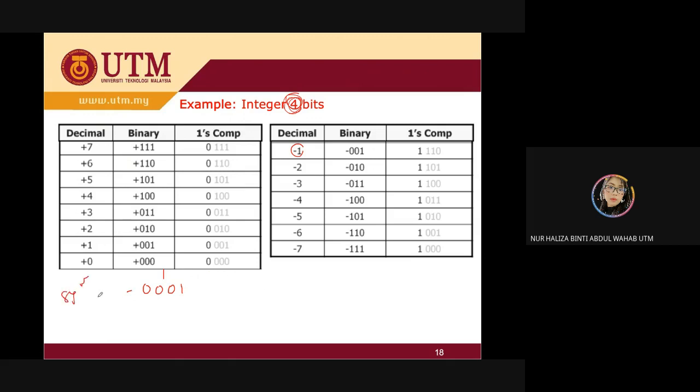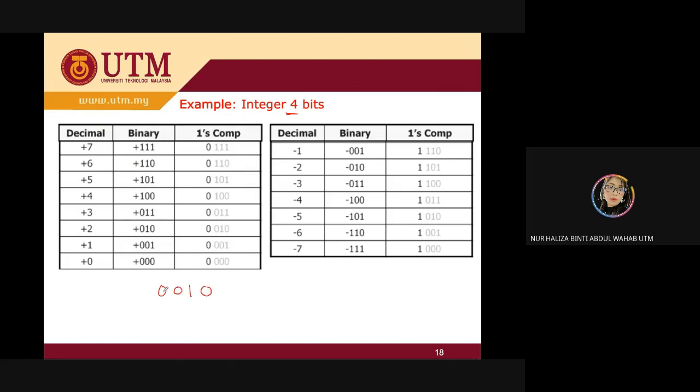Instead, we need to use first complement for this negative, so we just change it to be 1, 1, 1, 0. Again, if we have 2, in 4 bits, 0, 0, 1, 0.